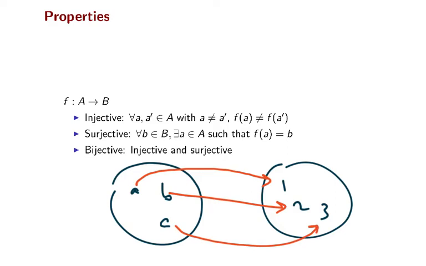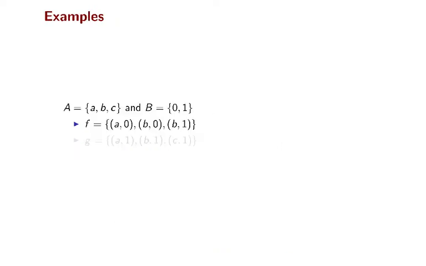We can see that this, first of all, is a function, satisfying the two conditions to be a function, but this function is also injective, since we can see that none of the elements here have more than one arrow arriving, so it's injective, and also all the elements in the codomain have something they come from, so this range coincides with the whole codomain. So this is an example of a bijective function, injective and surjective.